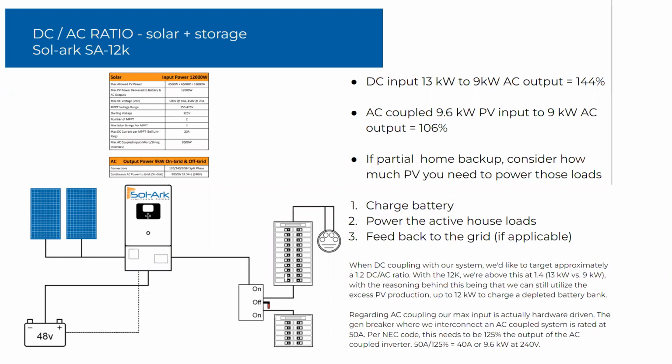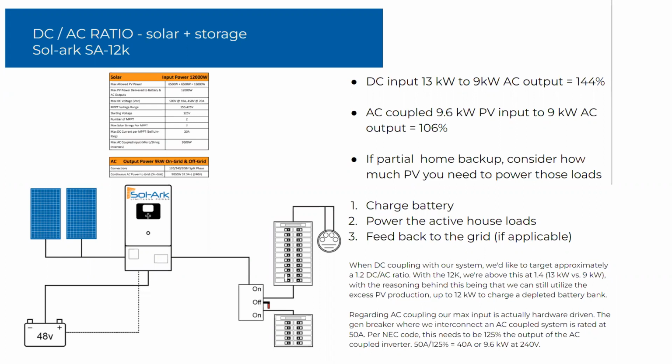So determining the loads that you're running off of batteries and how long those loads are running off of batteries is an important first step before you decide how much PV you're adding. So whenever I talk about sizing for a battery-based solution, the first question I would ask is, how many loads am I running off of batteries, and how long are those loads going to be run on batteries?